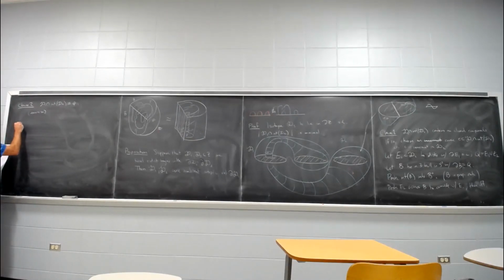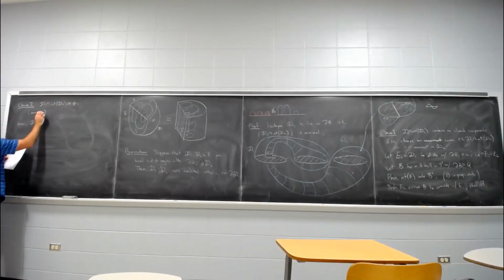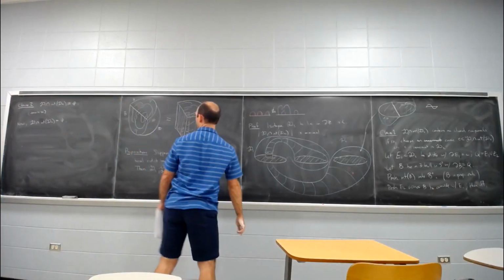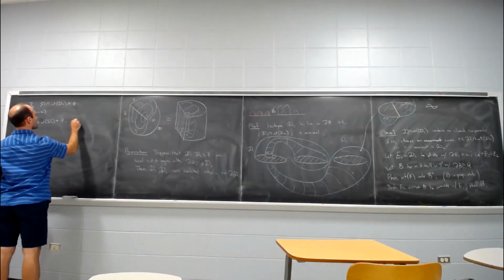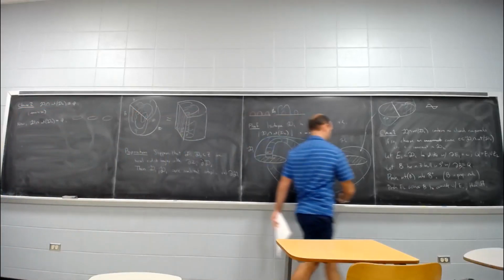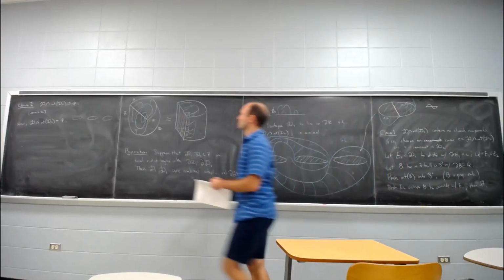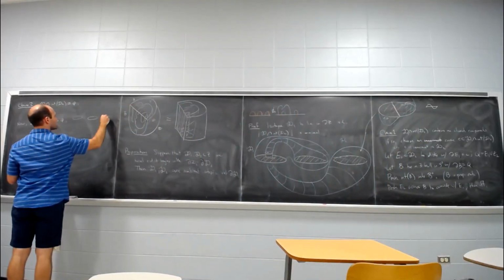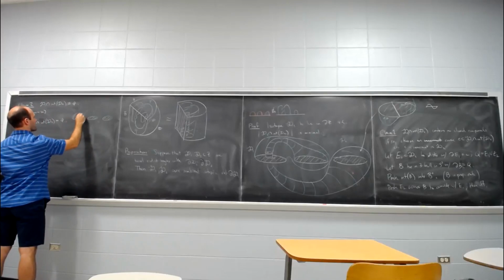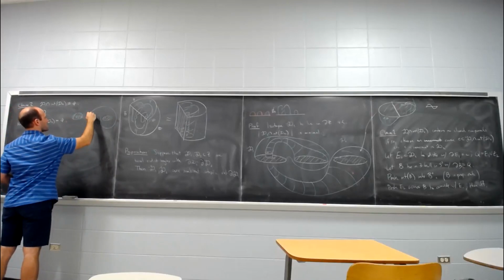Okay, so now after these two claims, we have that D1 intersect the interior of D2 is empty, but we could still have things like this picture. So maybe we've got some things like this.